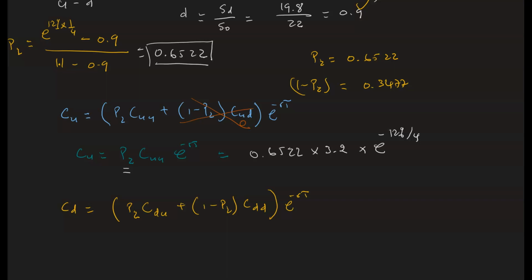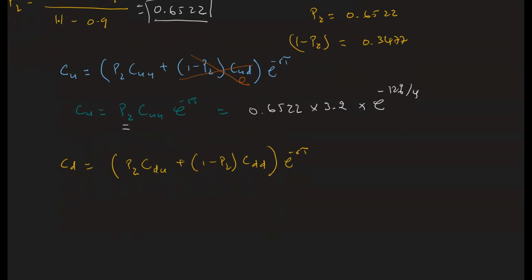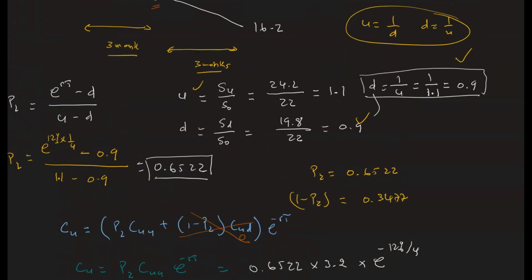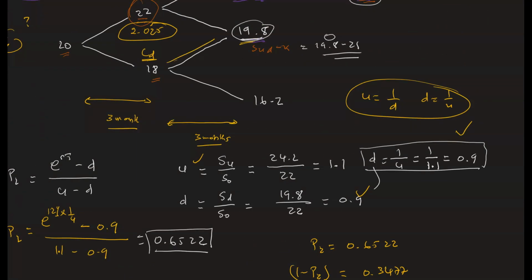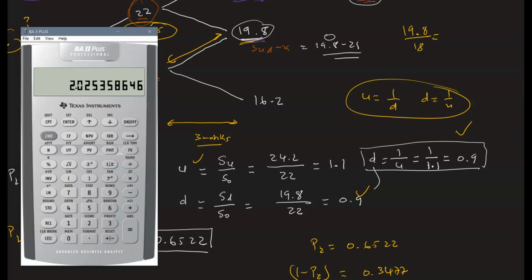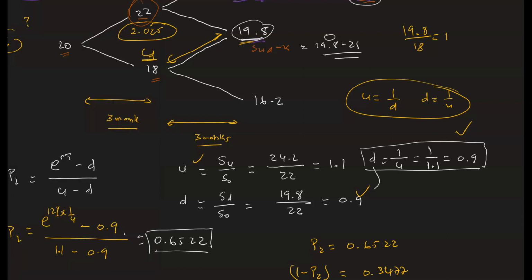P2 is the same. Let's verify that. What is U here? U there is going to be equal to 19.8 divided by 18. And so 19.8 divided by 18 is going to be equal to 1.1.